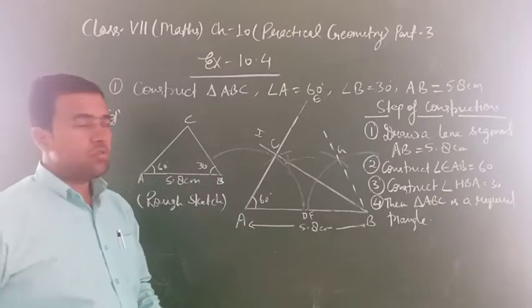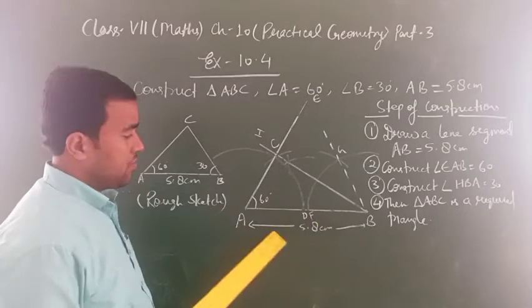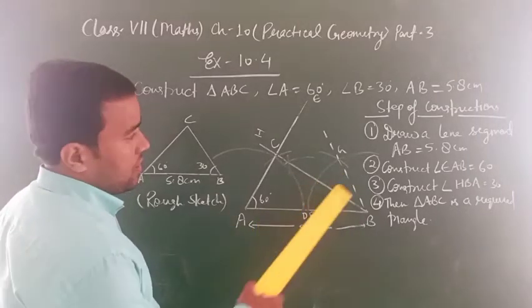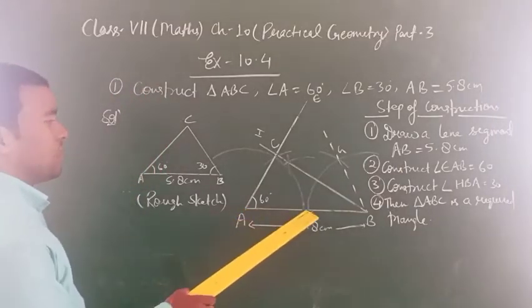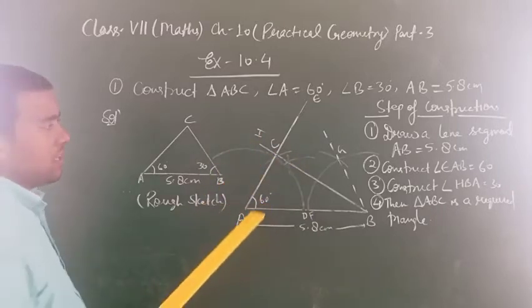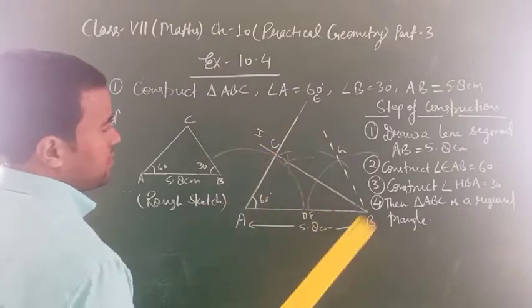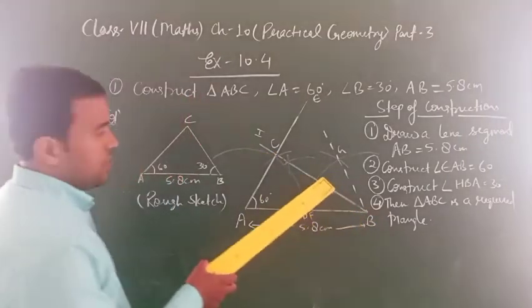Again I am telling you, first we have drawn a line segment AB 5.8 cm. Second thing, construct angle EAB 60 degrees. So from A, more than half distance we have taken one arc, 60 degrees. Clear? That is line AE, EAB is 60 degrees. Third step, construct the angle 30.